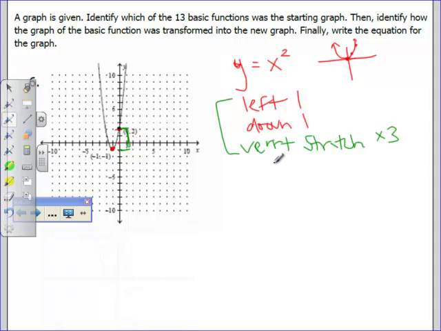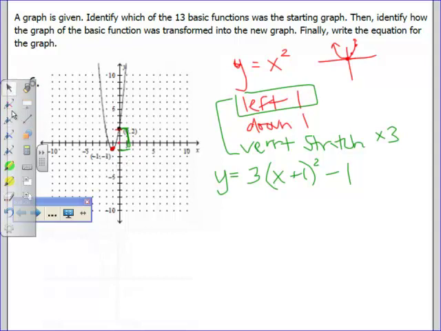Vertical stretches are out front of the equation. Anything that moves left or right goes in the party with x. So if I want to move left 1, I need to add 1 to the x in the party, and then to move down 1, I need to subtract 1 at the end. So I have y equals 3 times x plus 1 squared minus 1 as my guess.